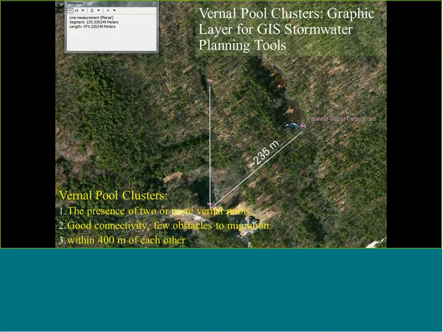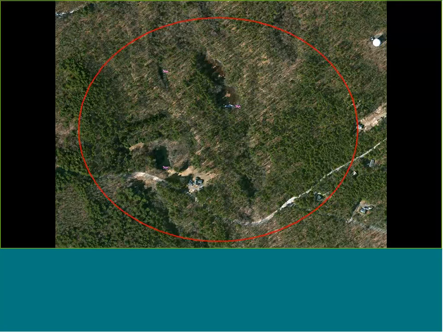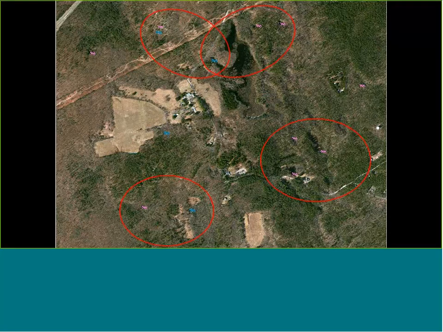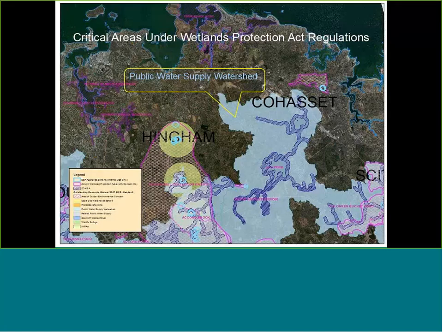It also requires that pools be within 400 meters of each other in the landscape to protect migratory and dispersal distances for juvenile and adult breeding amphibians. Once a cluster is identified, a GIS graphic can be created to locate the cluster in the landscape as shown in this image. Vernal pool clusters throughout the municipality can be identified and documented in a single ArcMap graphic layer.